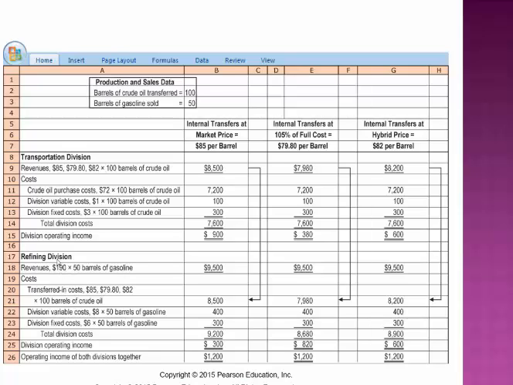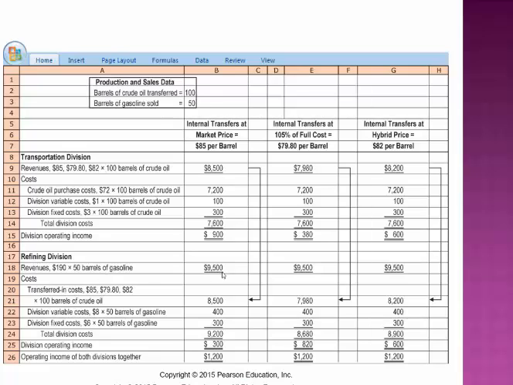And we've already said that they sell them at $190 per barrel. 50 times 190 equals $9,500 in revenues. Now, I want you to notice that under all 3 of the scenarios we are about to look at, the revenues are the same for the refining division.